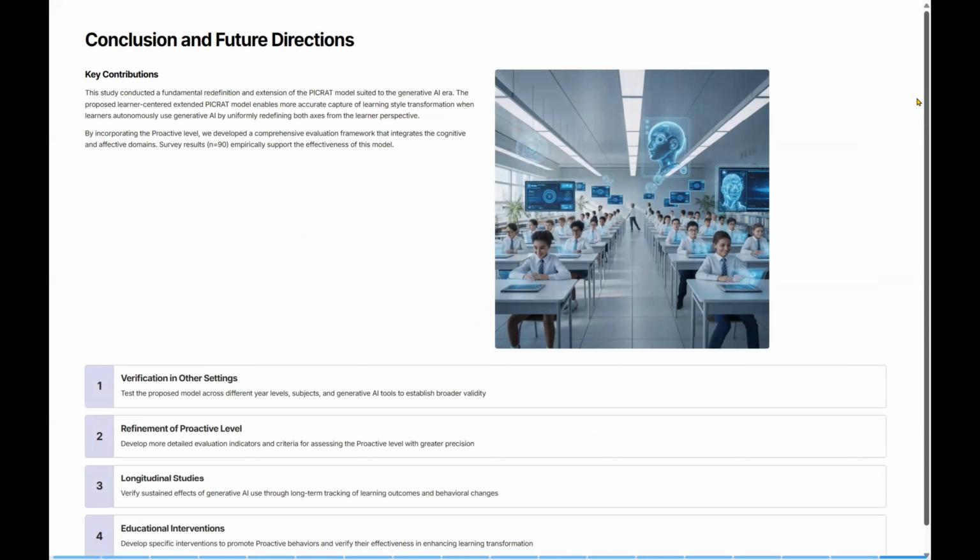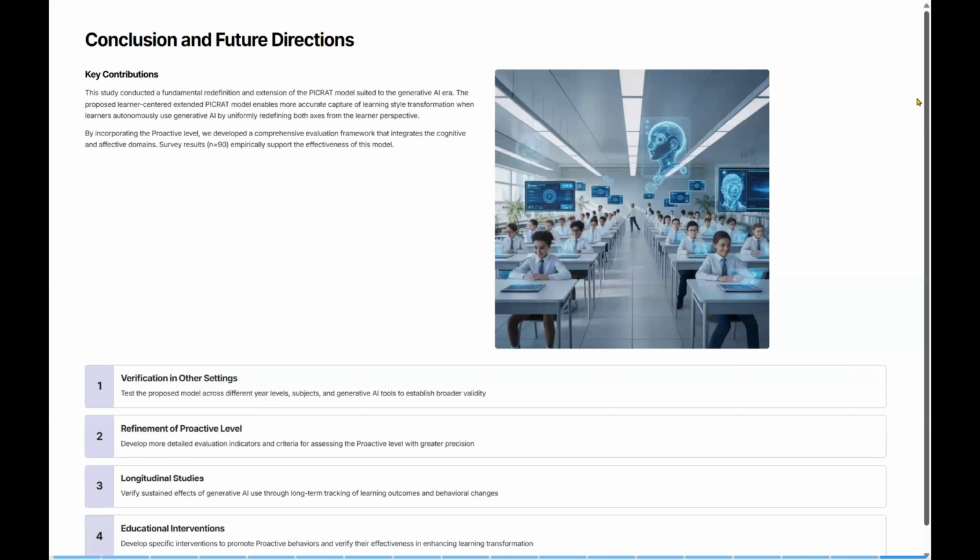Let me summarize our contribution. We redefined PICRAT for the generative AI era. Both axes now focus on the learner. We added the proactive level. This captures self-regulated learning and metacognition.